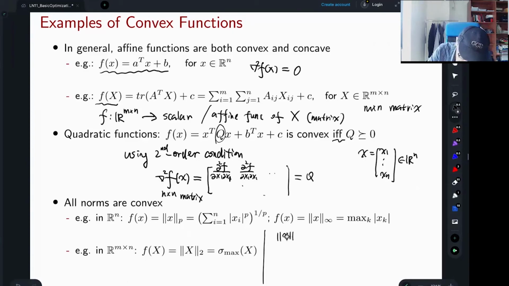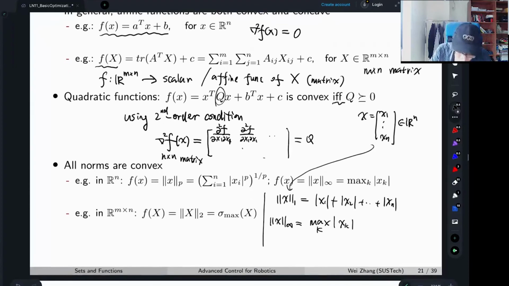The one norm of a vector means the absolute value of x1, x2, all the way to xn, element-wise. And the infinity norm is the max over k of the absolute value of xk.